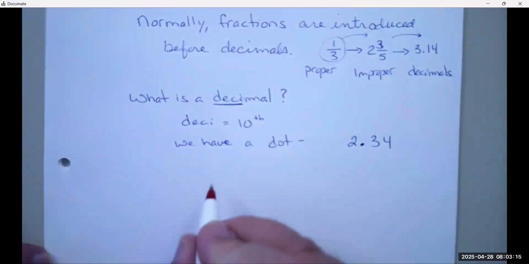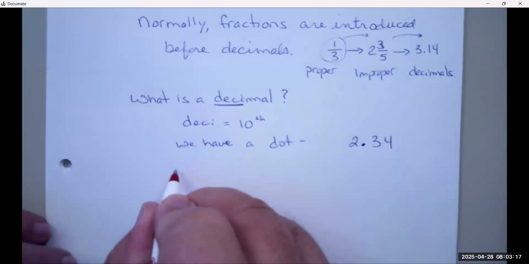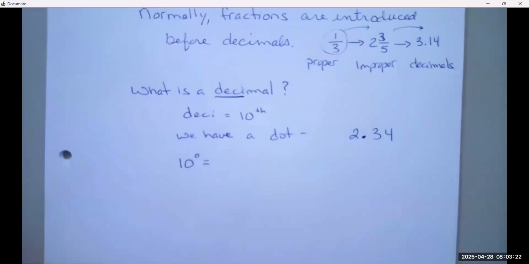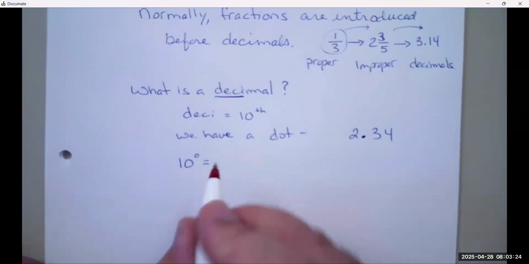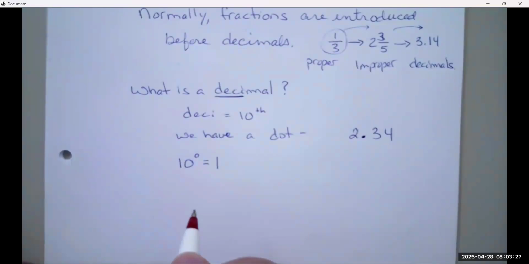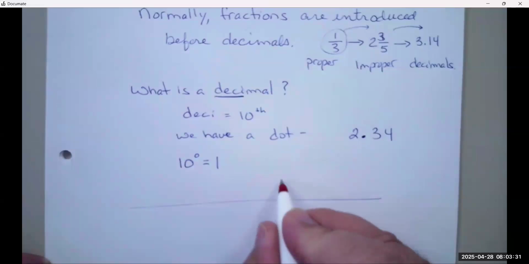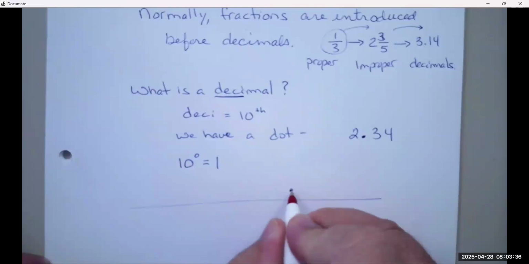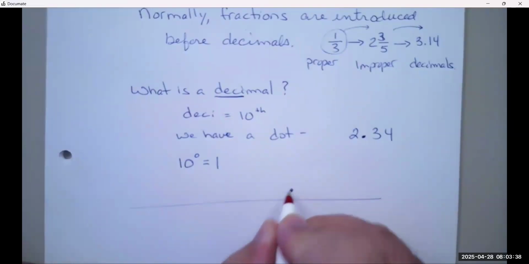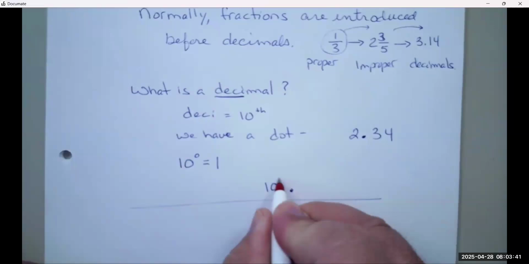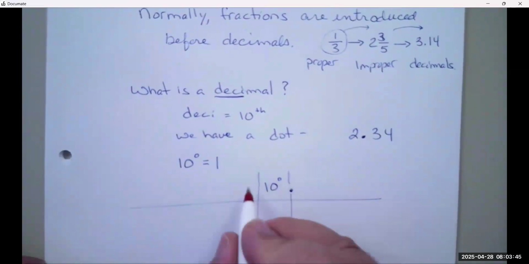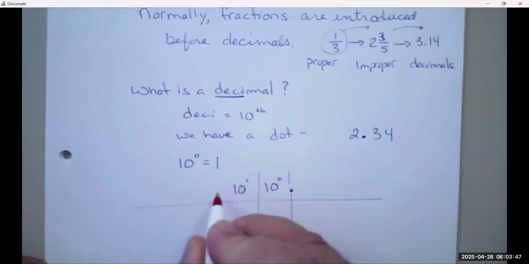Now remember, we have a base 10 system to begin. Anything to the 0 power is 1. So in our numerical system, everything to the left of the decimal has its own tens column.